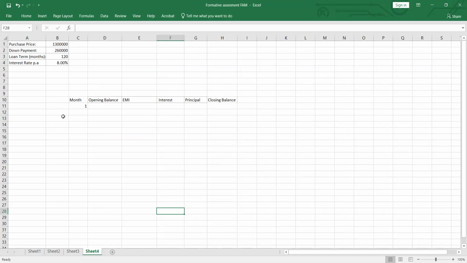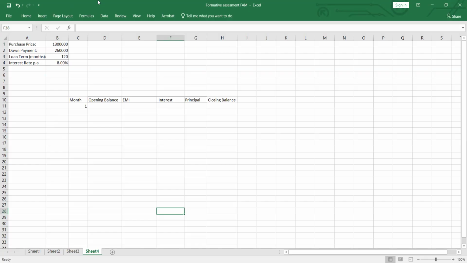If you do it manually, it will take 4 hours, 5 hours. But in Excel, if you choose the right formula like the dollar sign, you can do it in a second.